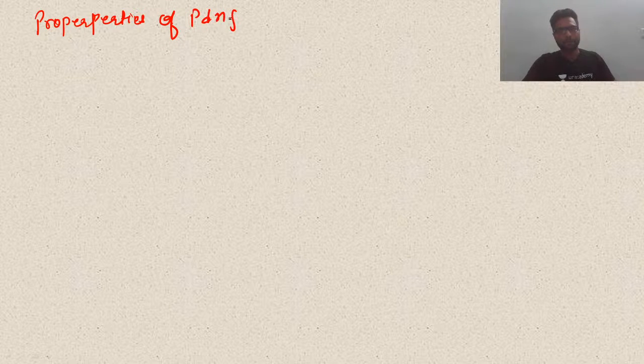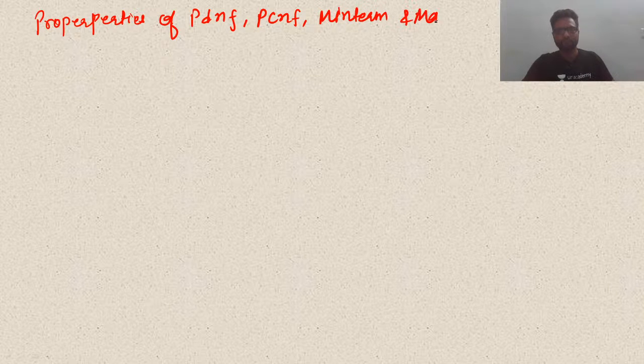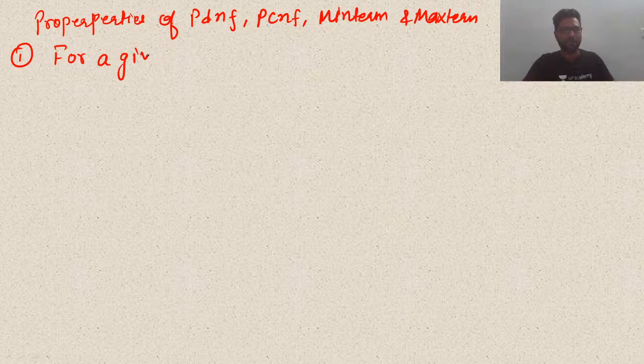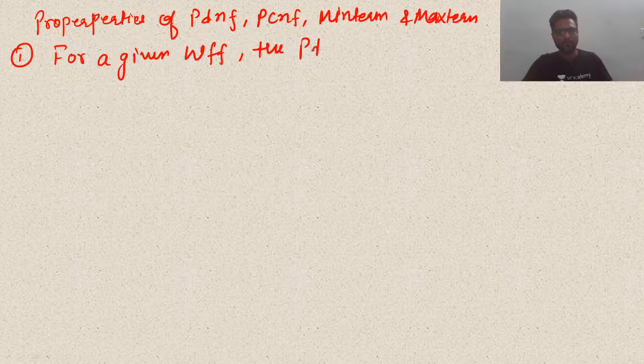So write down properties of PDNF, PCNF, min term, and max term. Write down the first one, I already explained it. For a given well-formed formula, the PDNF and PCNF are unique.